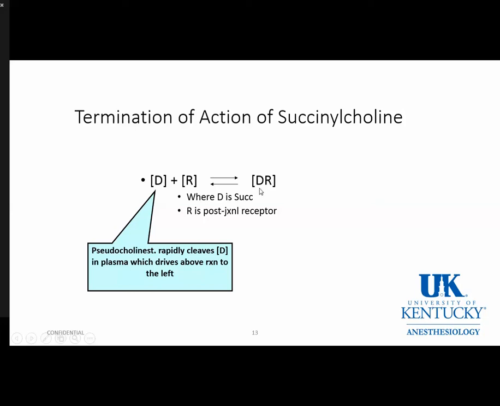When it moves to the left, the drug, succinylcholine in this case, diffuses away from the nicotinic receptor, in that synapse, out into the plasma, where it can try to bring up this concentration while pseudocholinesterase is cleaving it. So that gives you sort of a basic understanding of why the termination of action of succinylcholine is from diffusion away from the nicotinic receptor as its concentration decreases from rapid pseudocholinesterase activity.